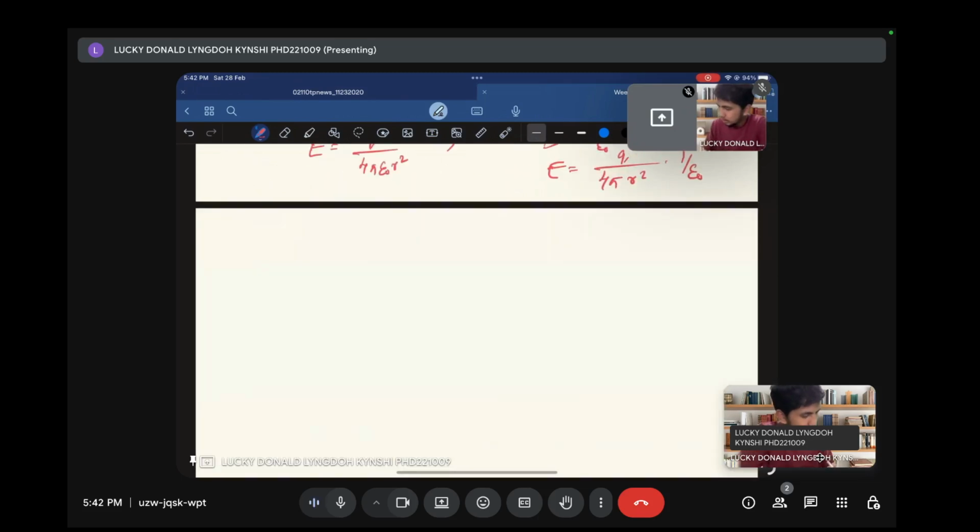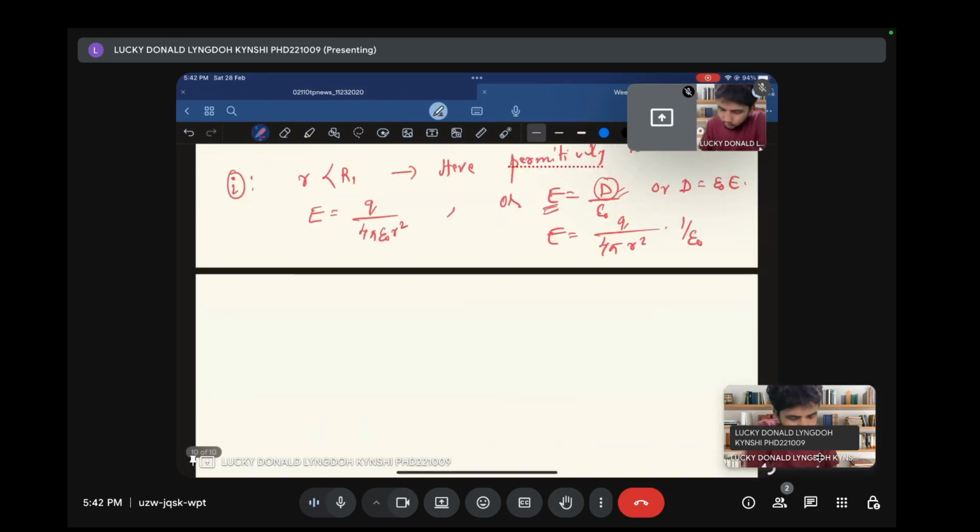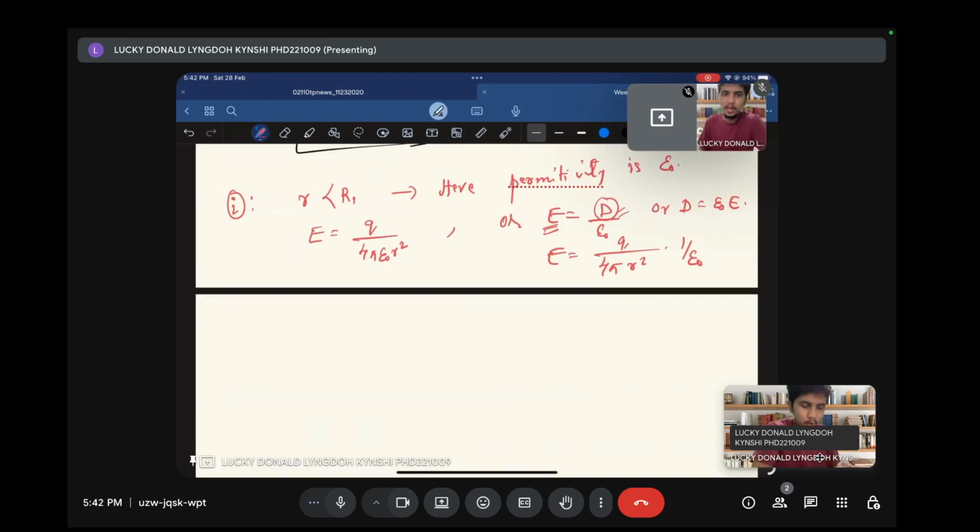Now again in region 1, you know the electric displacement vector is q divided by 4 pi r square, and the electric field is q divided by 4 pi epsilon naught r square.